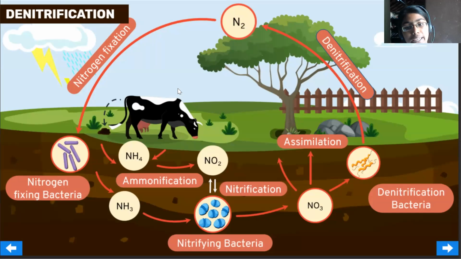After that, there is another kind of bacteria that live in the soil, called denitrification bacteria, that will convert this NO3 to N2, nitrogen itself, and emit it into our environment. So this is the whole process of the nitrogen cycle. I know this will be a little confusing, so you need not focus on it highly. You could just make a note of this.